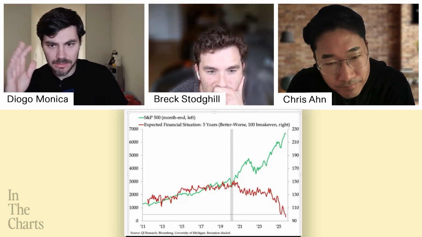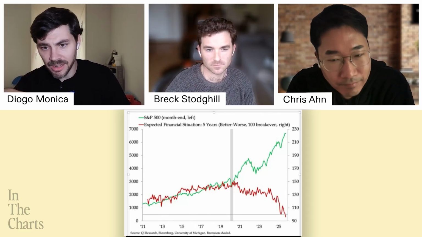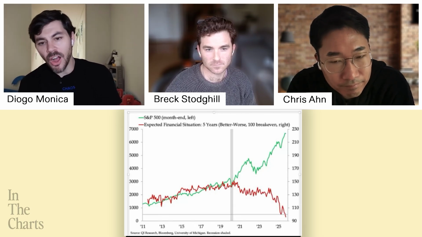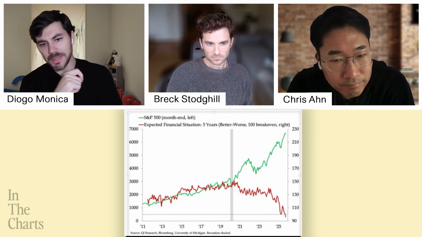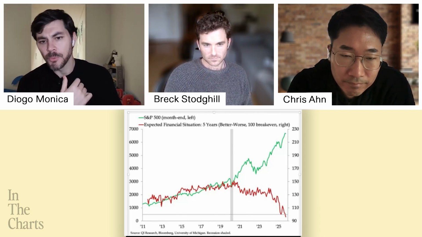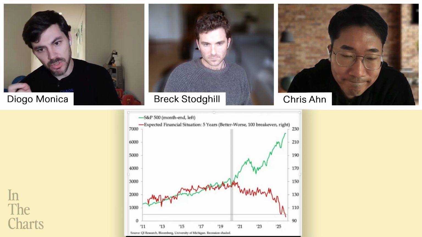100 is break even, above 100 is better, and under 100 is worse. What it shows is that COVID was a perfect event where everything was basically correlated, moving in a stepwise function, essentially the same line with very high correlation. They are completely divergent post-COVID.